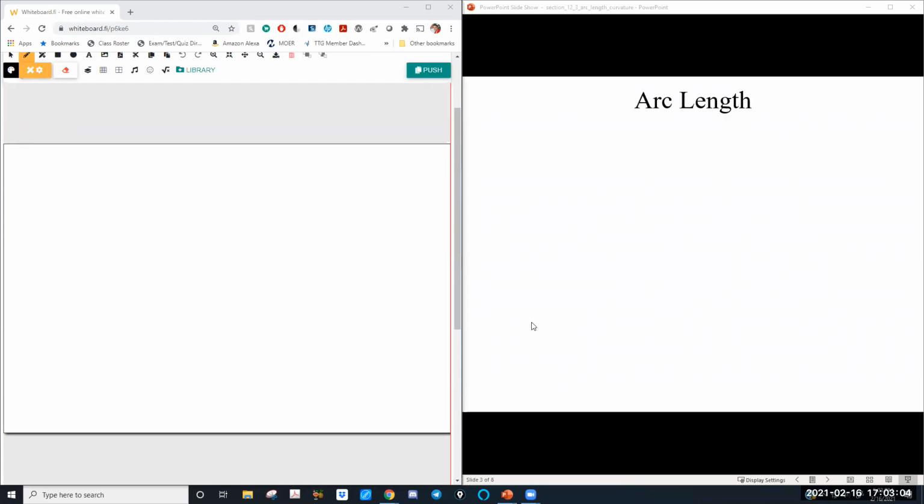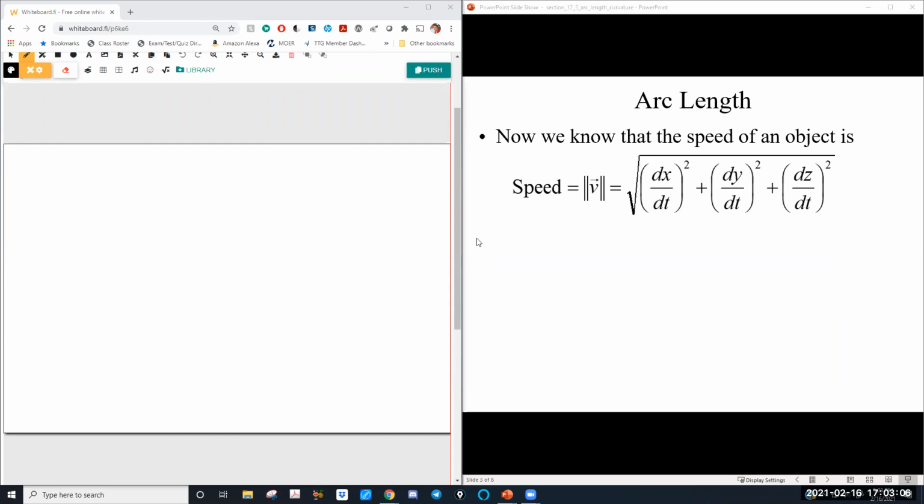It's the same idea here. So since we know the speed, and remember, v is basically the derivative of our position vector, just as a reminder, r prime of t is v of t.